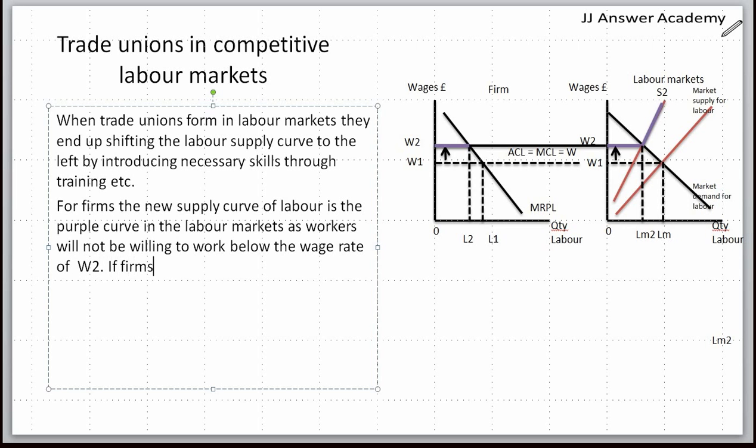If firms want to employ more workers after LM2, they will have to pay more.